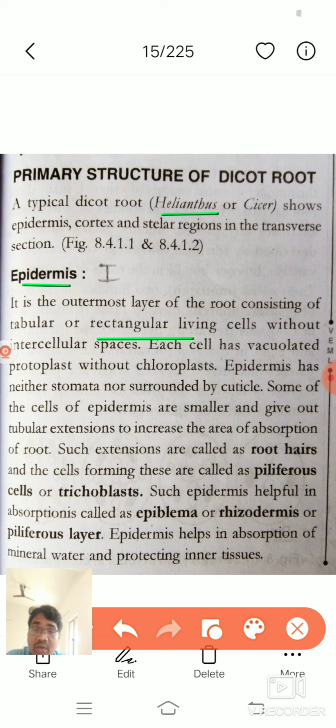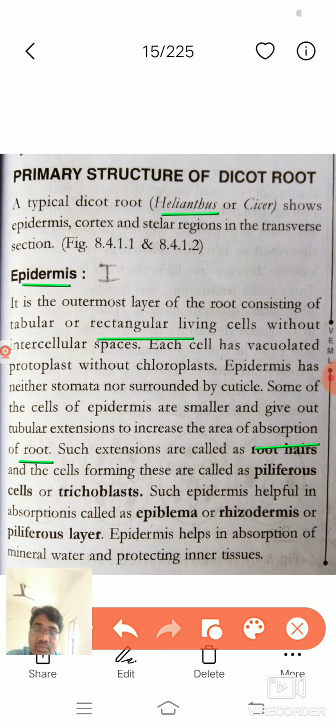Some of the epidermal cells are smaller and give out tubular extensions to increase the area of absorption of the root. Absorption is the main function of the root. Such extensions are called root hairs, and the cells forming these are called filiferous cells or trichoblasts.